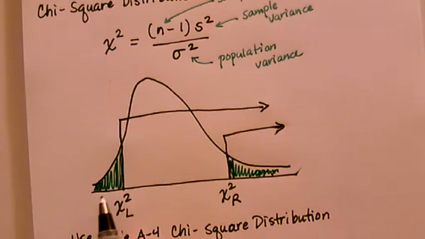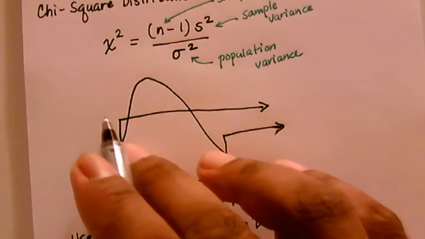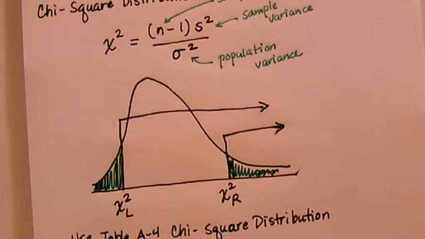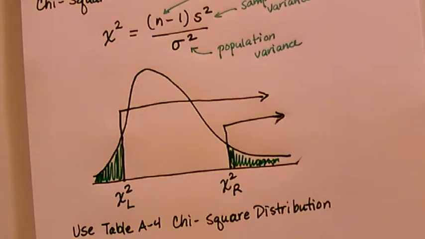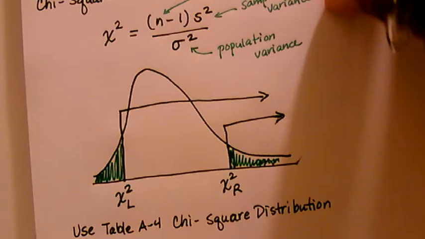Because if you're given this area on the left-hand side, then you'll have to do 1 minus that area on the left to get the area on the right, because that chi-square distribution table gives us the area to the right of that critical value.